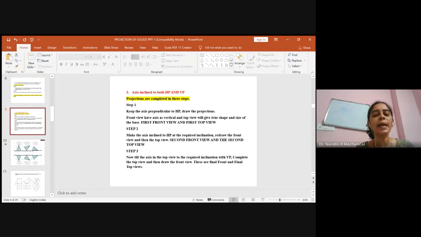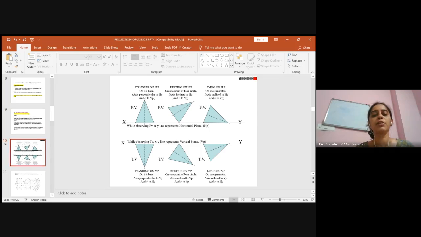In the second step, we always take the axis inclined to HP at the given inclination. Then you shift the front view which was in upright position. Here the axis is perpendicular, so you have an upright position. When the axis is inclined to a particular angle, you are shifting the entire front view to that angle.